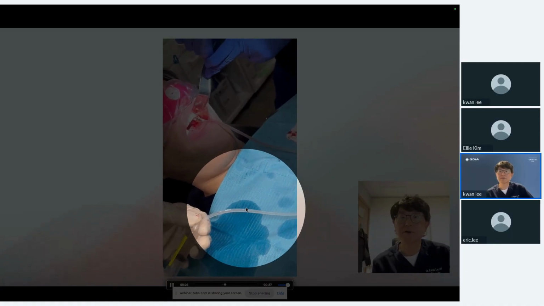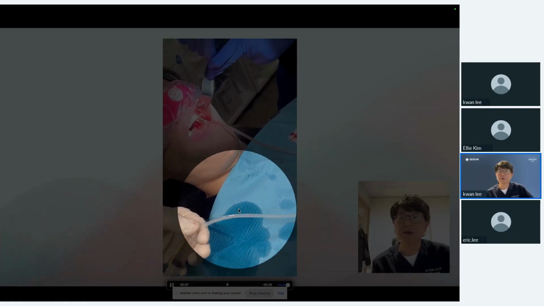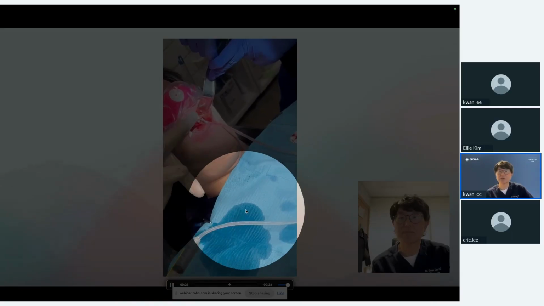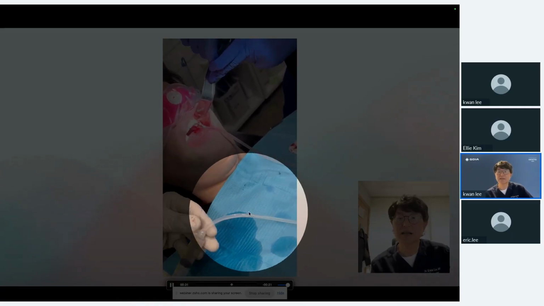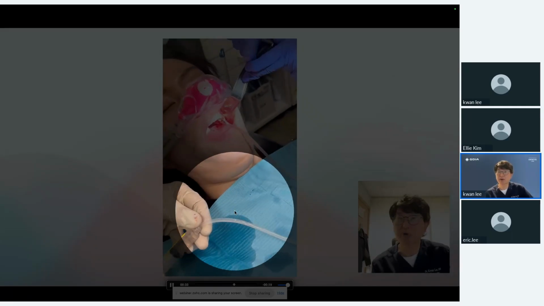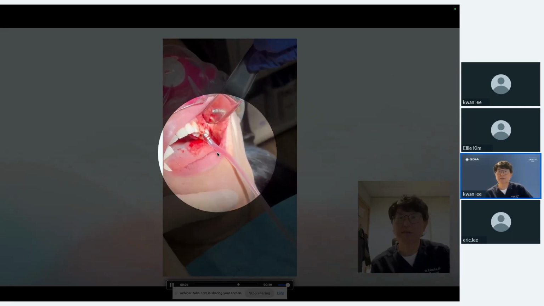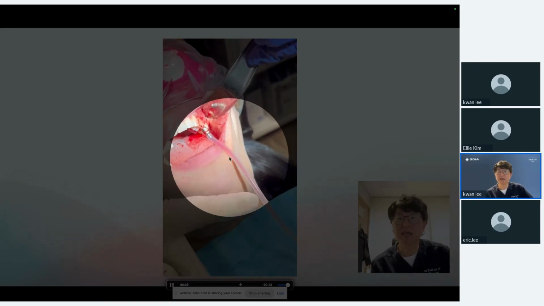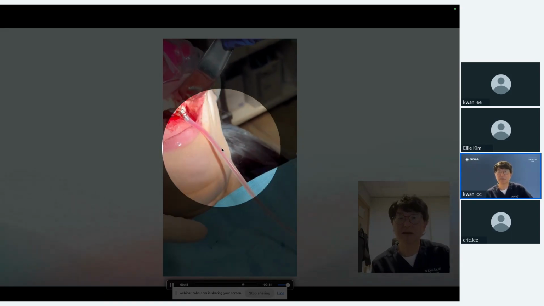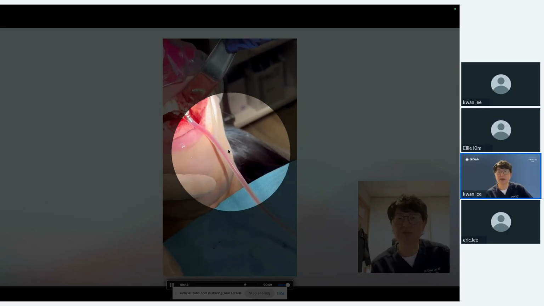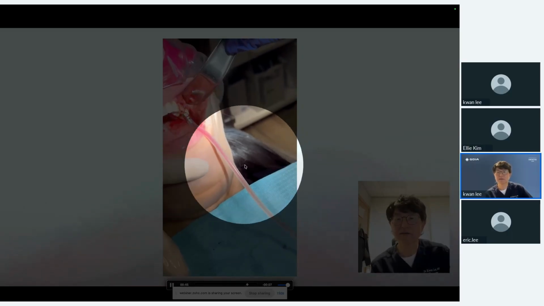As long as the bubble goes in and out, I'm pushing my saline and aspirating a little bit. Is the blood coming in and out here? You see the blood comes out and goes back. That's where the blood goes back.